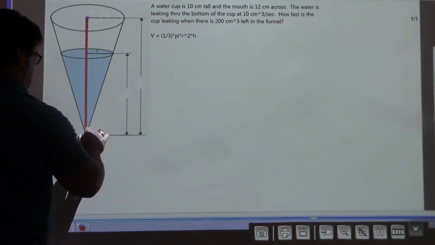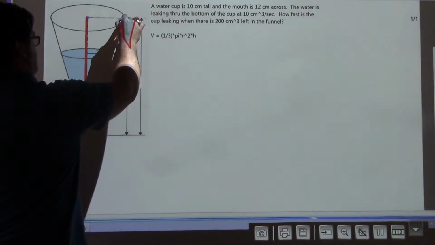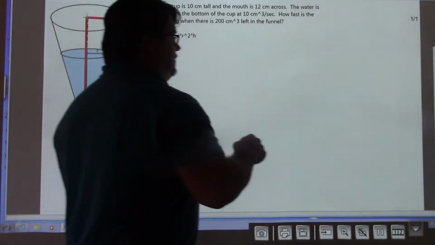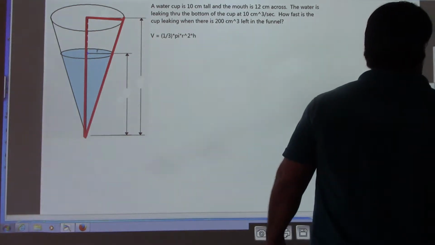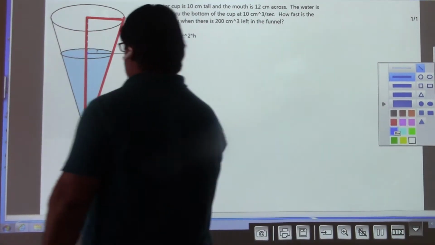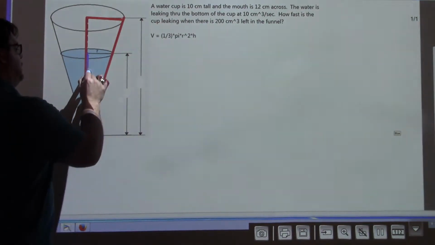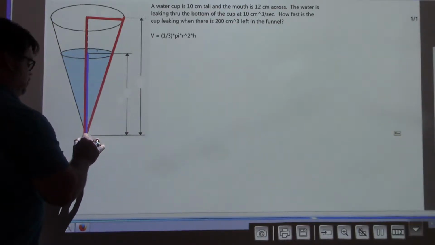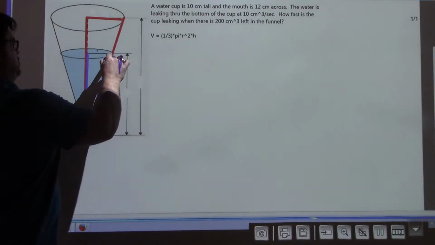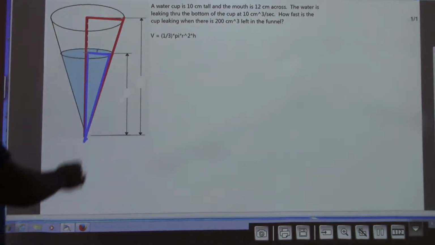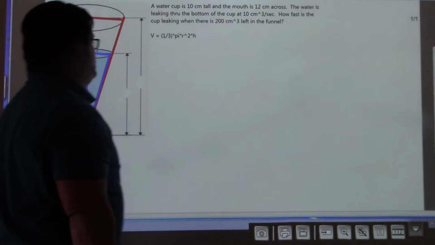So there's our red triangle, which is a big triangle. And then we have a blue triangle. Okay, so there's our two triangles.